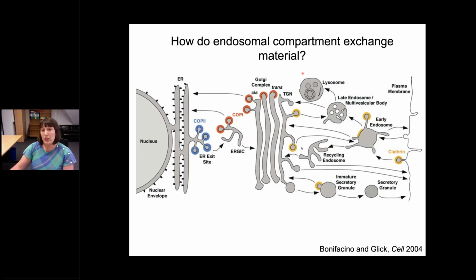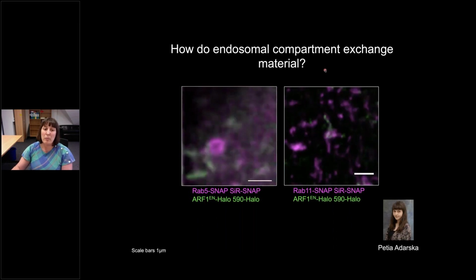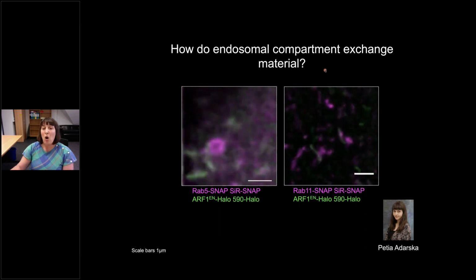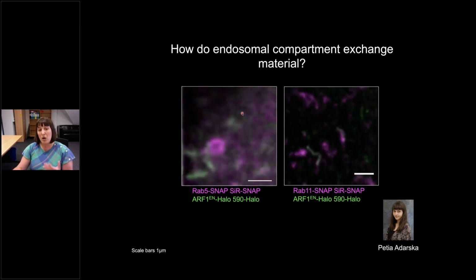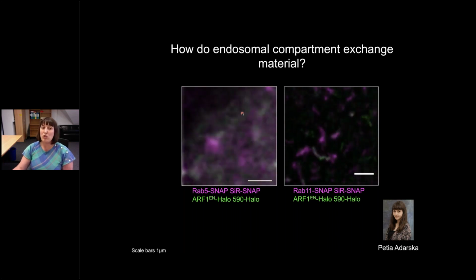Another very interesting topic of research that we're pursuing in the lab is how all these various endosomal compartments communicate with each other and exchange material. There is beautiful work from a PhD student in the lab, Petya, who is trying to understand how endosomal compartments exchange material and membranes with each other.